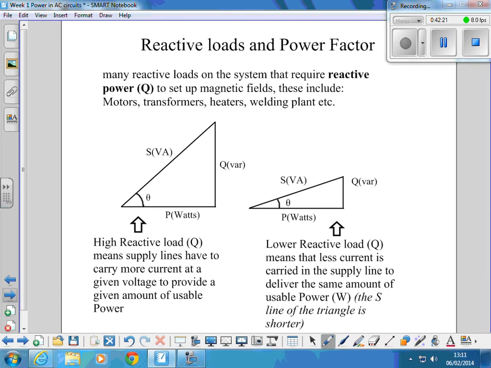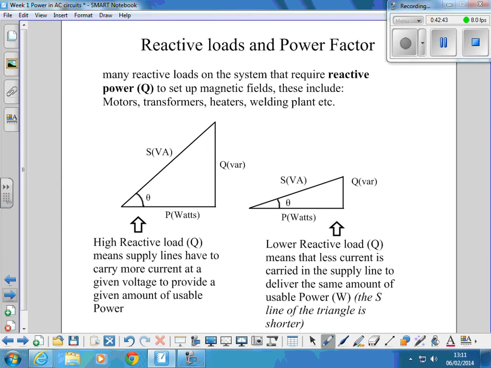So if in those two diagrams we assume the power line is the same length, the left-hand one draws more current from the source than the right-hand one does, because the angle is less and the reactive power is less, and hence there's less current being drawn.